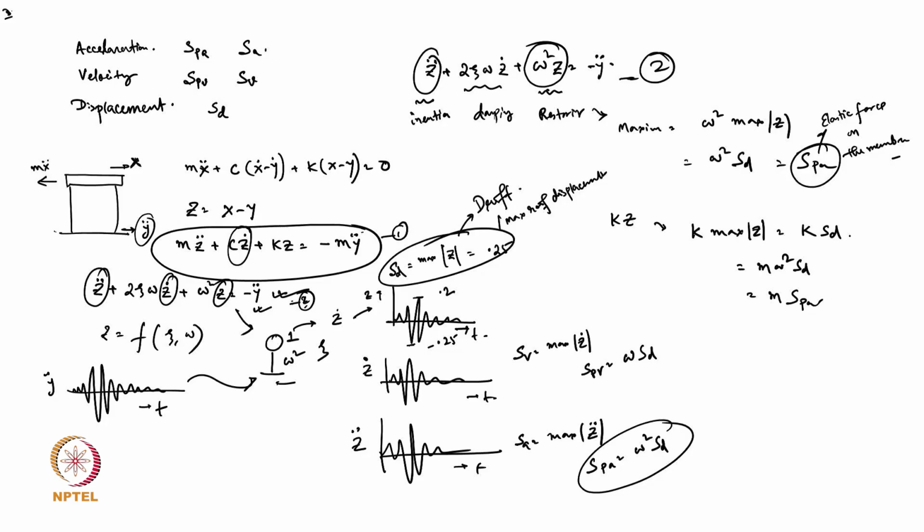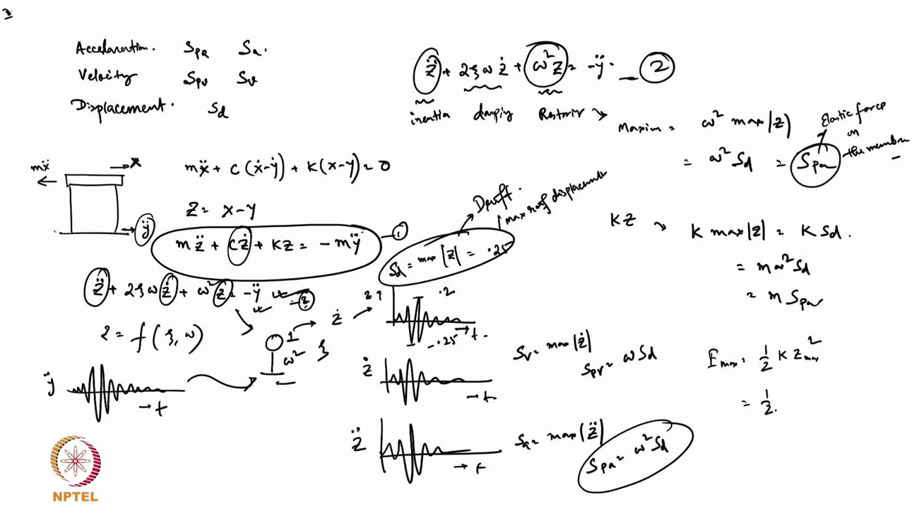Okay. So what is SPV? What is pseudospectral velocity? That is something not that intuitive. That is actually the maximum strain energy of the system. Maximum strain energy. Okay. So what is the maximum strain energy? That is E max. That will be half of K into Z max square.